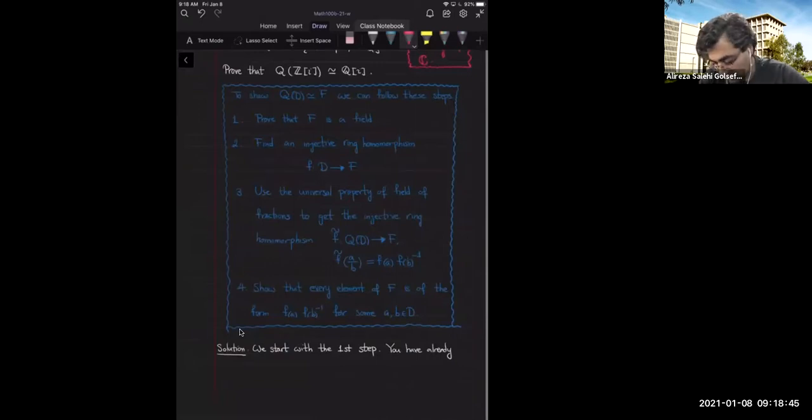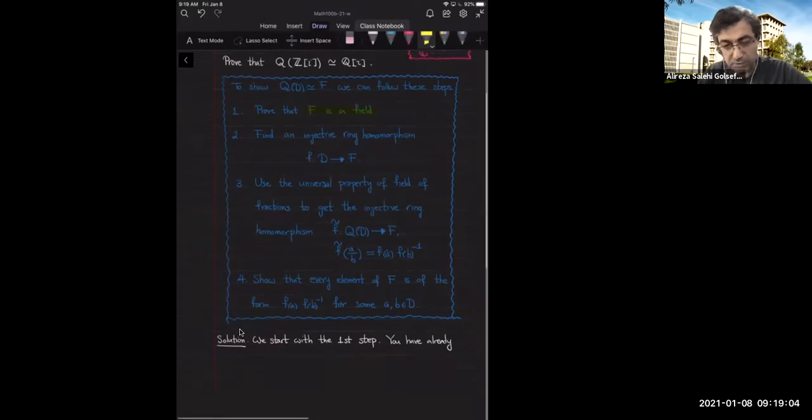The following 4 steps you can use in order to show that the field of fractions of D is isomorphic to the ring F. The first thing is to show that this F that's given to us is indeed a field. So the first thing that we do is to show F is a field.